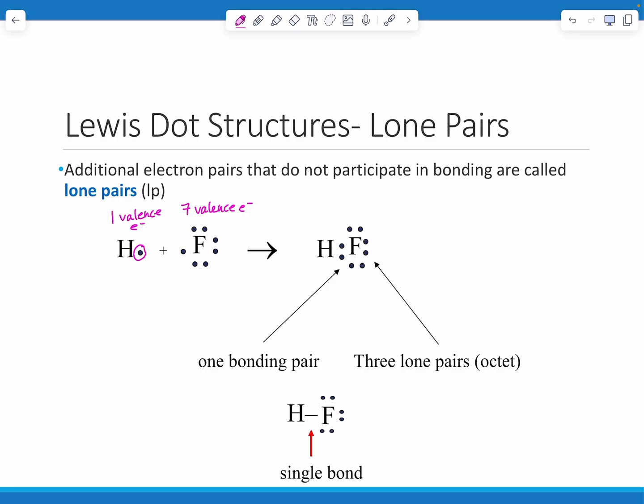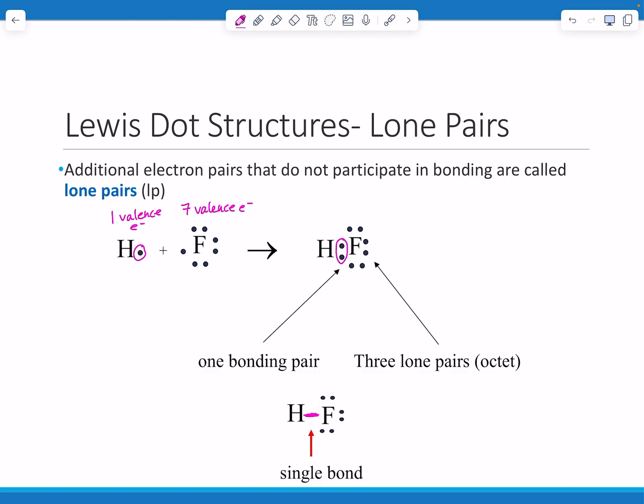So the hydrogen can get to the helium electronic structure by sharing one electron, and fluorine can get to the neon electronic structure by sharing an electron with another atom. So they form one single covalent bond, and we represent that bond by one single line drawn between the two atomic symbols.